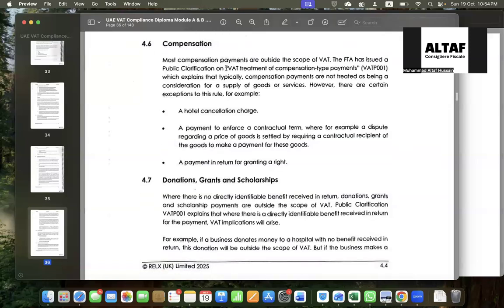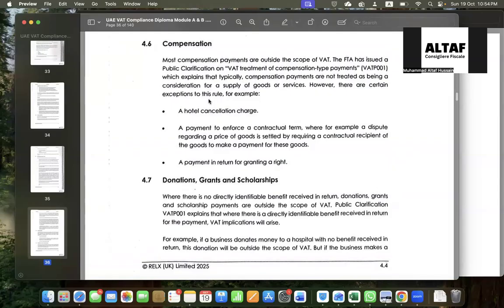Now, compensation. Most compensation payments are out of the scope of VAT. The FTA has issued a public clarification which explains that typically compensation payments are not treated as consideration for a supply of goods or services.